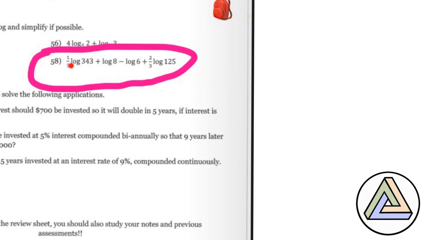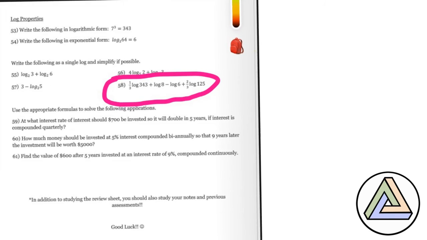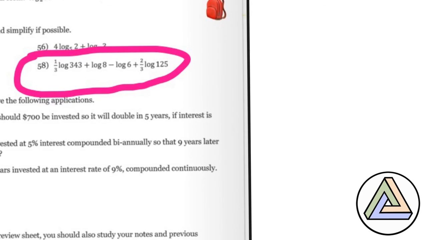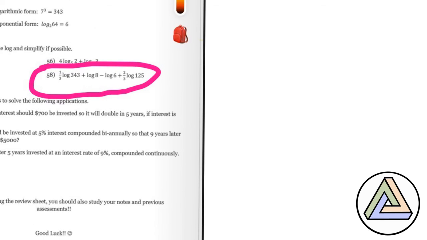Before I dive in, I'm just going to look at it. Write it as a single log and simplify if possible. So there's certainly addition happening. I'll just write it down for now. So that is a big crazy log thing.